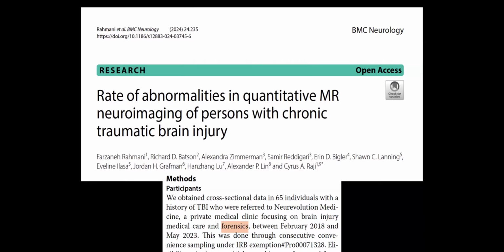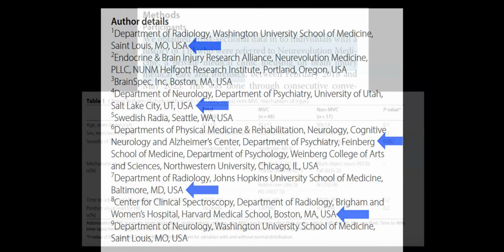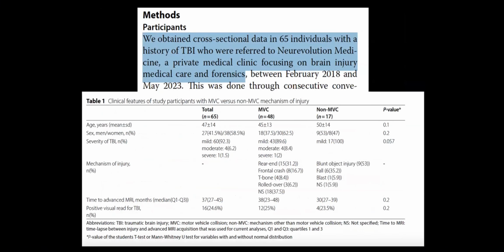And so we had 65 individuals. We looked at individuals who are on average around midlife in age, so between 40 and 60 most commonly. We had a pretty good representation of men versus women. Most of the TBI was mild TBI, as expected based on its population prevalence.